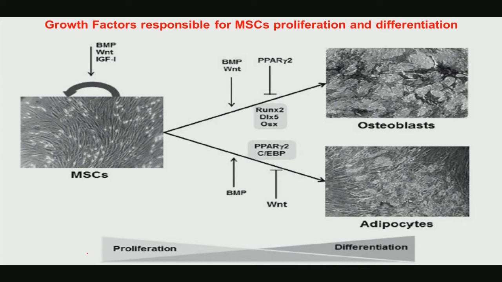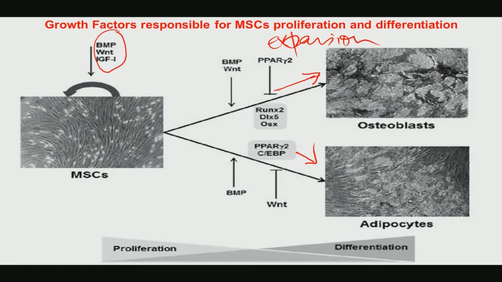So, these different growth factors are essentially responsible for either MSC expansion or differentiation. Just to show the two cases, in one case it goes to the osteoblast, like osteogenesis, and in another case it goes to adipocytes, which can be used to store fat. Now, what are the growth factors used here?